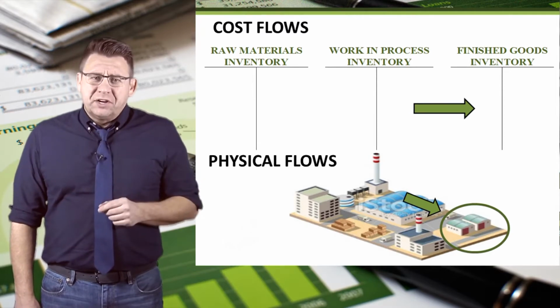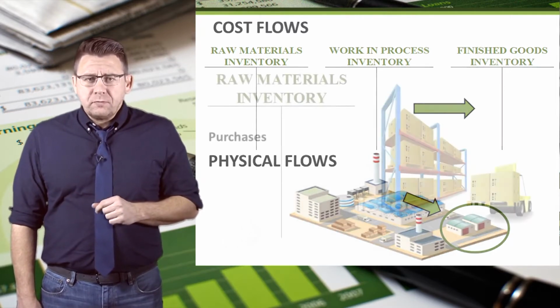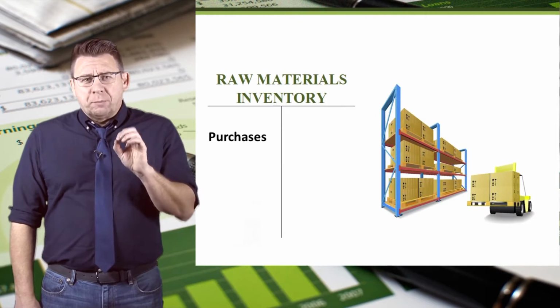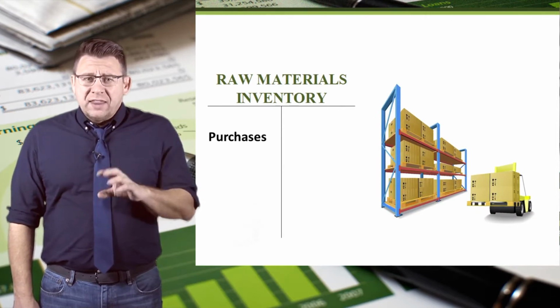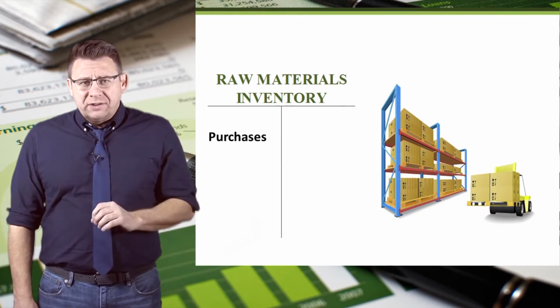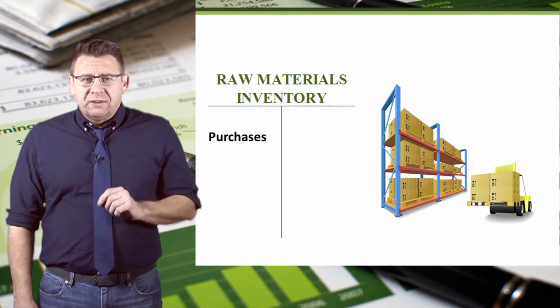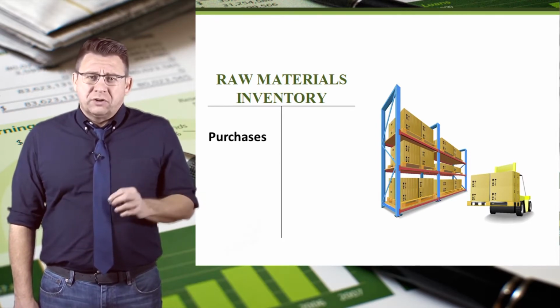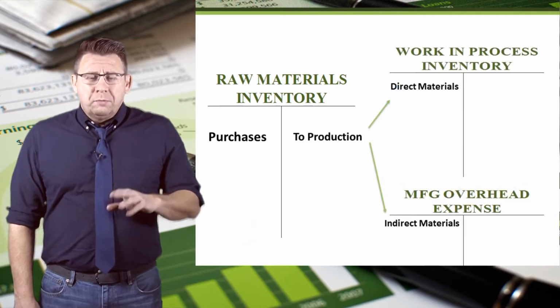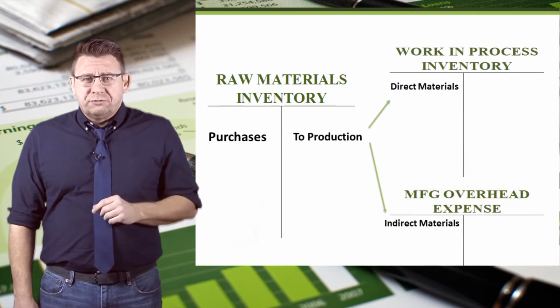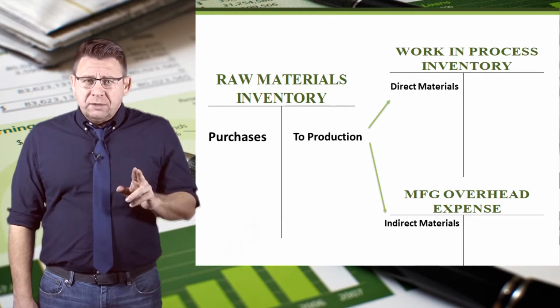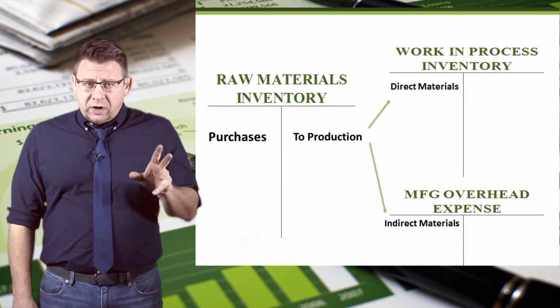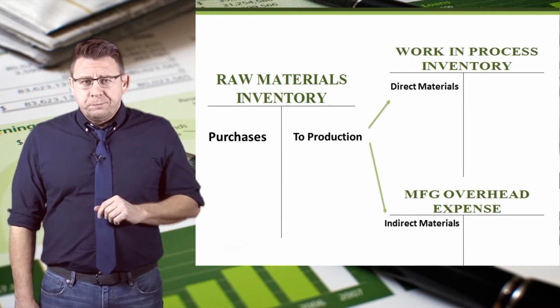Now let's look at materials specifically. When raw materials are purchased by a manufacturer, they are recorded as a debit in the raw material inventory account and physically stored in a raw materials warehouse. When materials are requisitioned for production, they physically move from the raw material warehouse to the production floor.